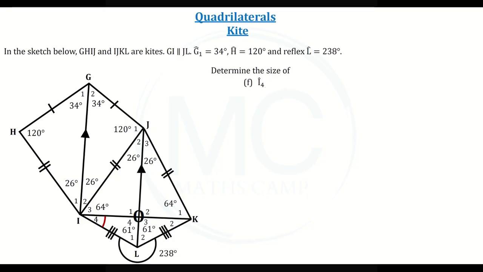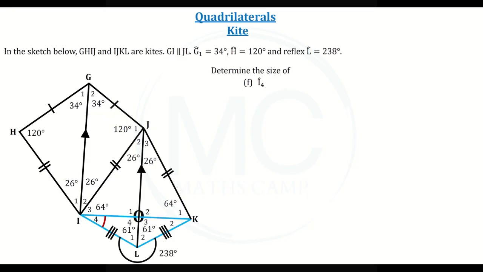In the diagram, we can see that IL over here is the same length as LK. So this creates an isosceles triangle IKL. So let's make this triangle blue. Now we have an isosceles triangle and the sizes of angles L1 and L2. So we can use the interior angles to find the size of angle I4.